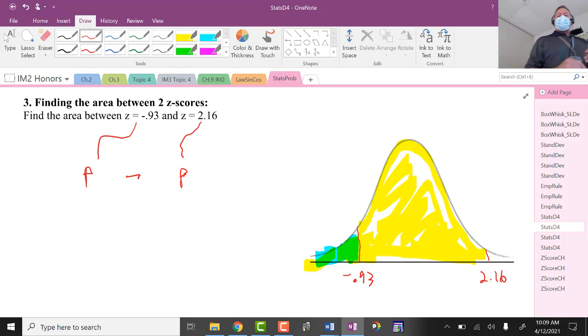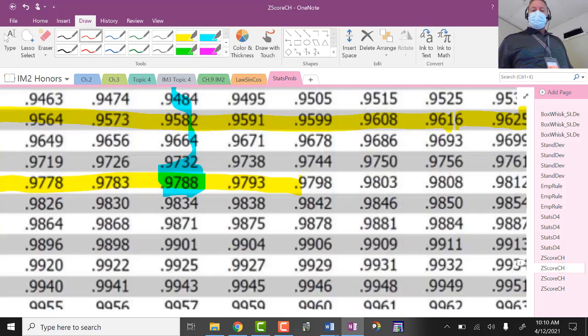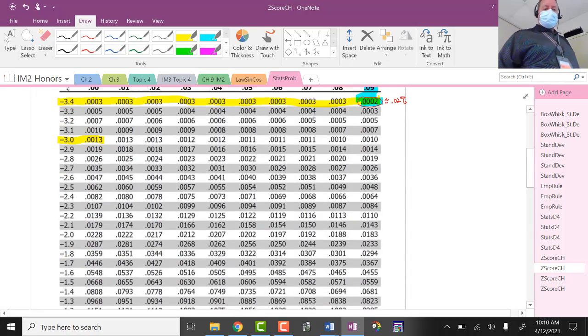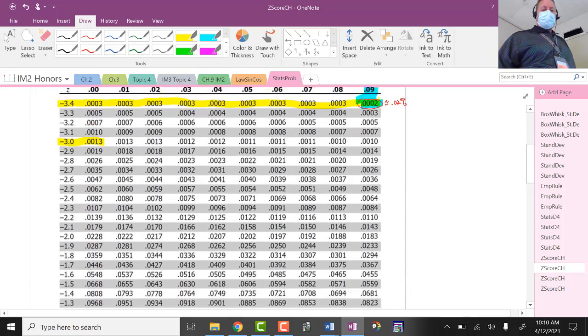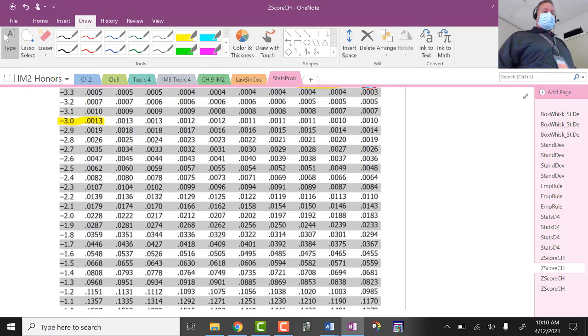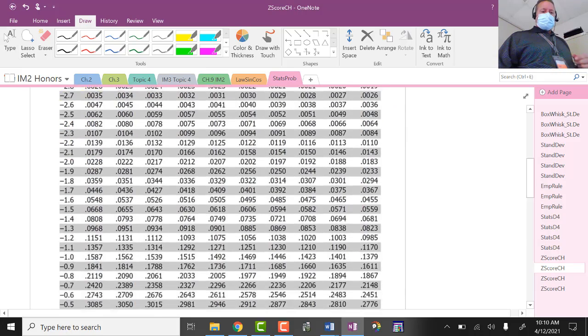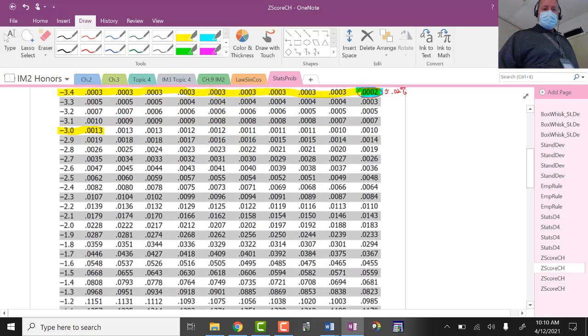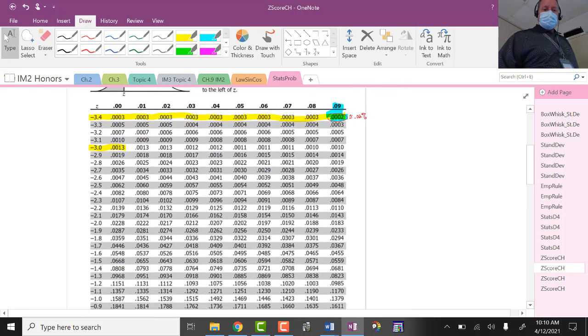All right, but then there's a problem. How do I find the second probability? That's just like the last question. The first probability is easy. Negative 0.93, right? Was it negative 0.93? Yeah. I guess I've got to zoom this down.